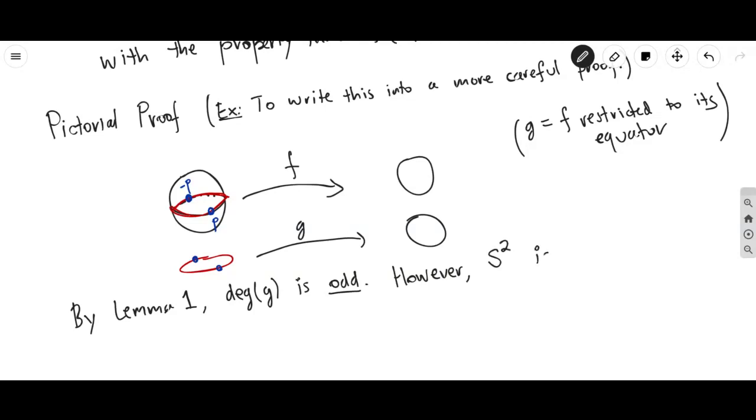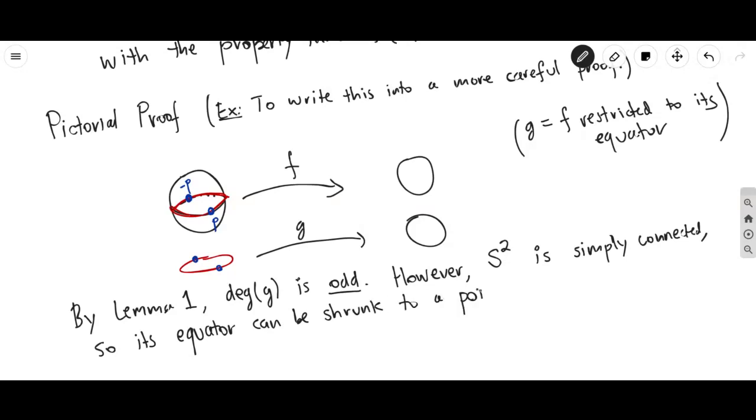However, S2 is simply connected. So its equator can be shrunk to a point.